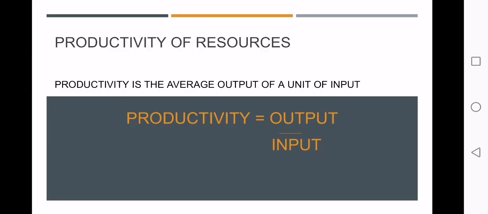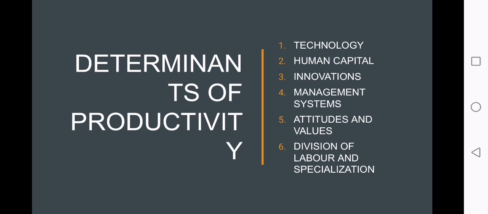That means the highest output should be received from the lowest input. By putting in some 5 raw materials, you should be able to get out 50 pieces of wood or whatever. Now that we know how to find productivity, let's see what the determinants of productivity are.